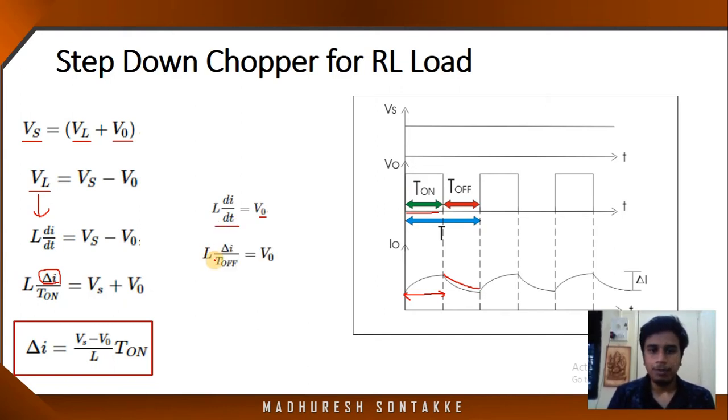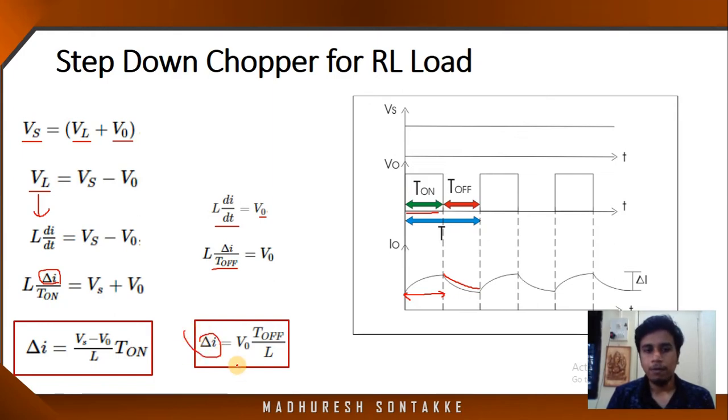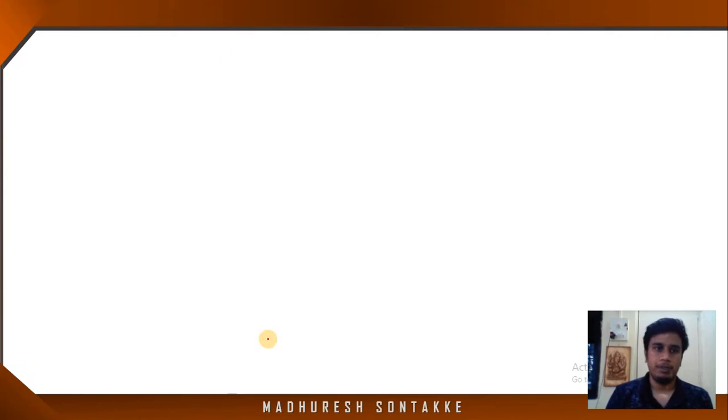Again, if we simplify, we are talking about the T off period, so instead of dt we take T off, and di is delta I, and the final delta I for this T off period is V0 into T off upon L. So these are the current equations for the step down chopper. I hope you have understood the step down chopper, so we will move towards the step up chopper.